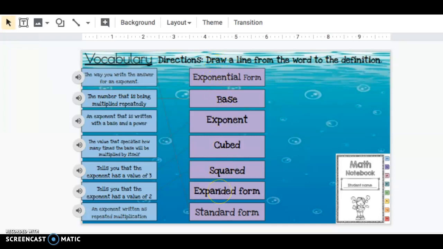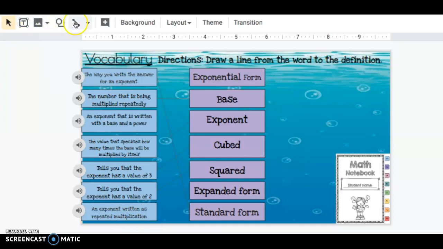Then I have expanded form and exponential form. Expanded form, let's just start with that since we're on the bottom. Expanded form means you're taking your exponent that is written like 3 to the second power and you're stretching it out. So that means you're putting multiplication involved into it. So you have a choice between an exponent that is written with a base and a power, or you have an exponent written as repeated multiplication. Well, we know with expanded form, we don't have any exponents or anything raised to the power.